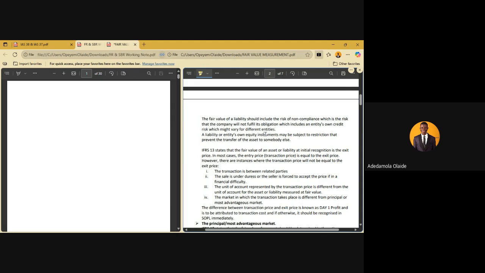Another is where the unit of account represented by the transaction price is different from the unit of account for the asset or liability measured at fair value. Let's take for instance, if you stay on the island, for places like Lekki, if you want to buy things like pepper or yam in stores there, they will not sell randomly.